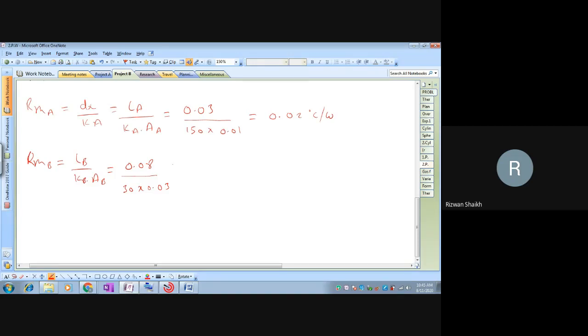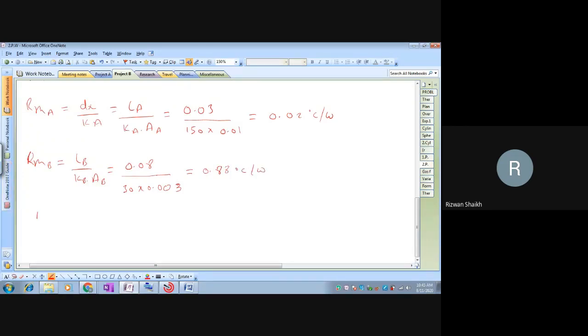I just corrected this, 0.003. In this way you can apply the formula and get the answer, 0.88 degrees Celsius per watt.